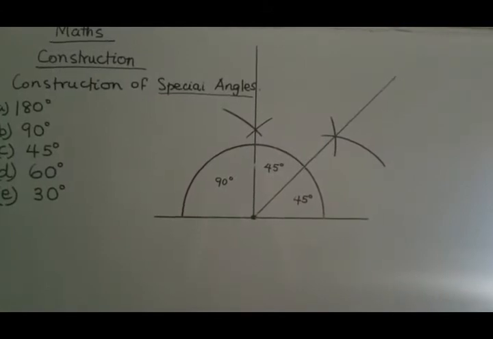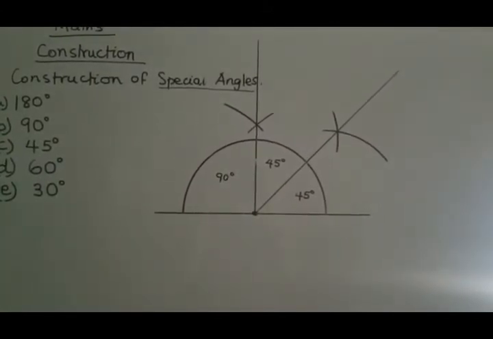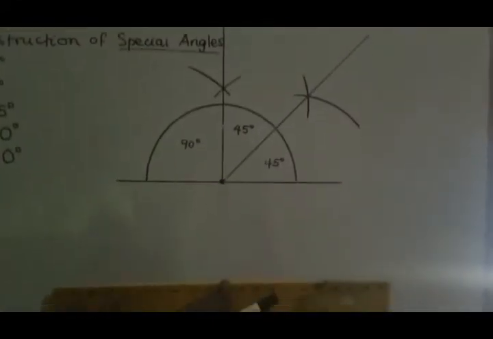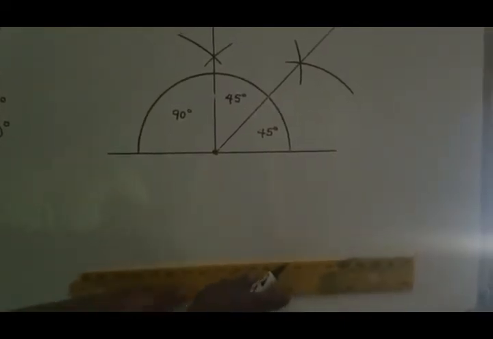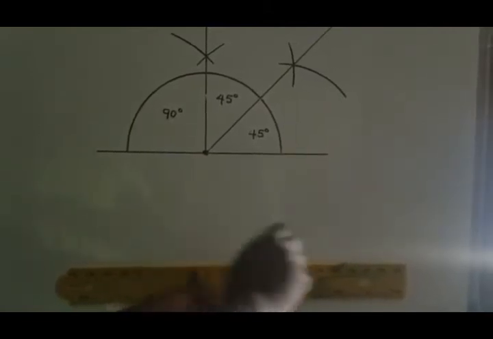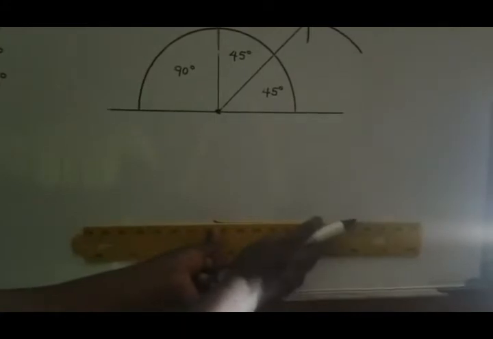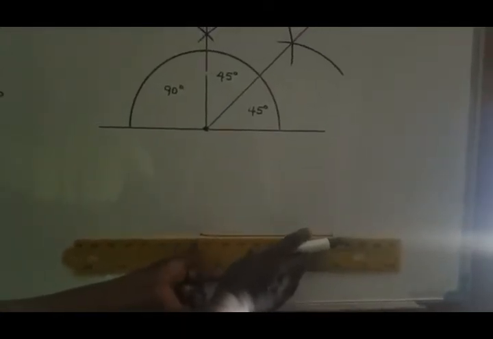Now, let's draw 180 degrees again. Let me draw 180 degrees here. And I want to see angle 60 degrees. How do we do that? Look at it.